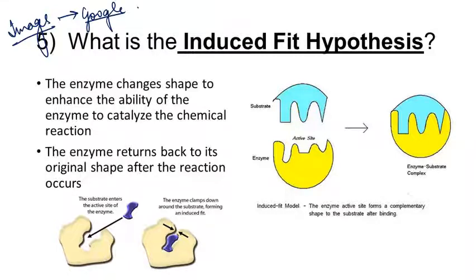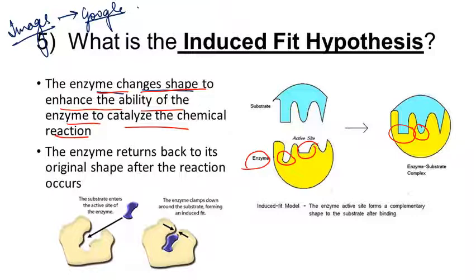According to the induced fit hypothesis, the enzyme changes shape to enhance its ability to catalyze the chemical reaction. Whenever the enzyme is active, you can see the shape of the enzyme is getting changed.